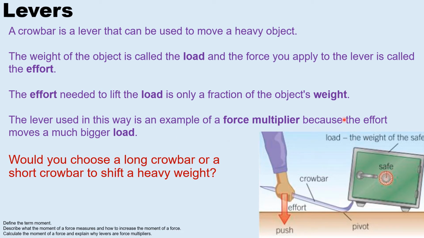So remember back to earlier about the spanner, and relate it to that. So the best course of action here would probably be a longer crowbar, because you could exert less force, you could put less force into it and it would do more work for you.